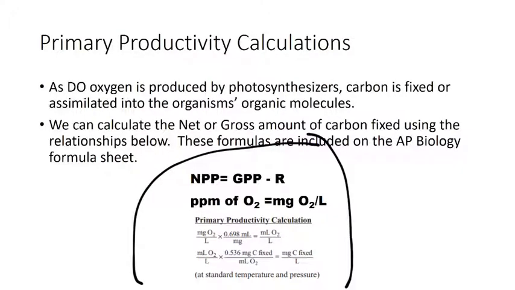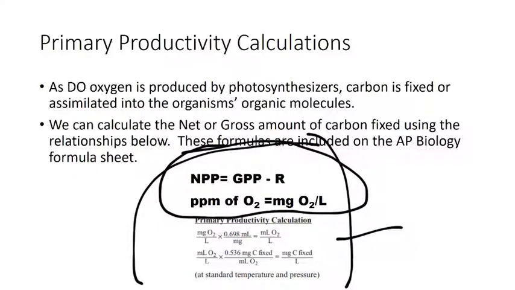From these formulas, these two you just need to remember. You need to memorize these two. They're not on the AP Bio formula sheet. But the two down here at the bottom are, and they're essentially conversion factors. So let's say that we wanted to calculate the gross amount of carbon fixed in a bottle.